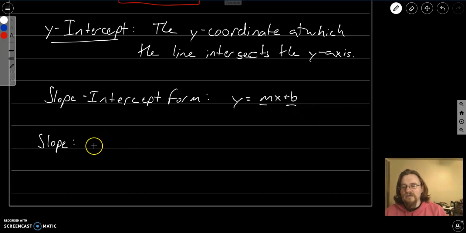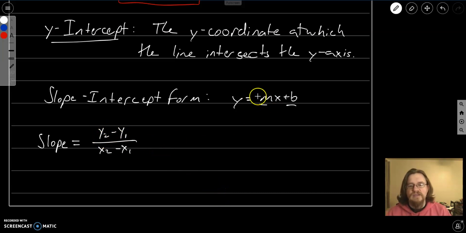The slope of the line is going to be y2 minus y1 over x2 minus x1. The y value we get by plugging in the x value. So we know what y2 is going to be if we know what x2 is. If I plug x2 into here, y2 is going to be m times x2 plus b.